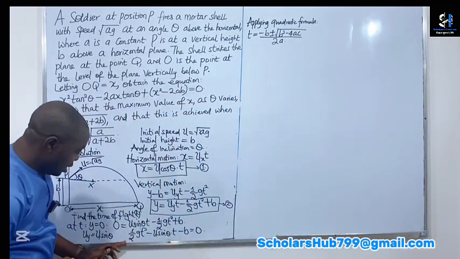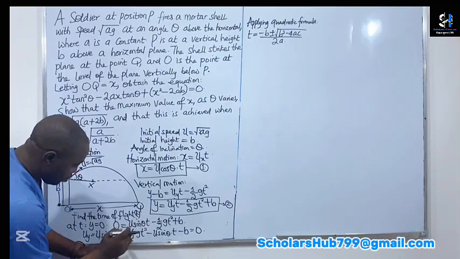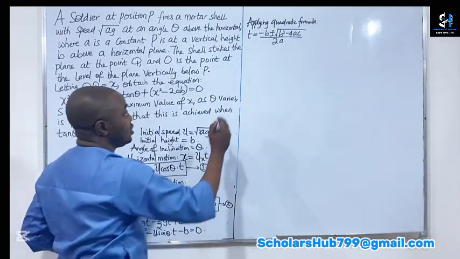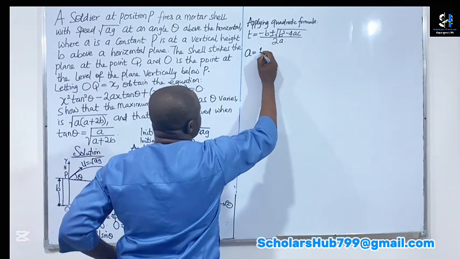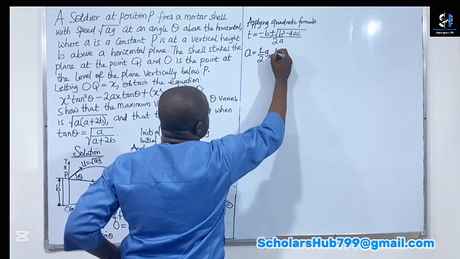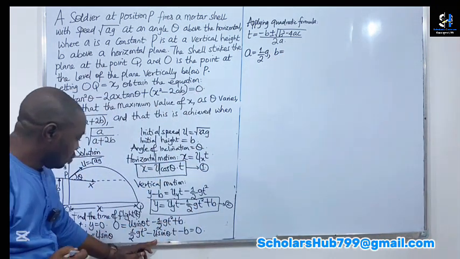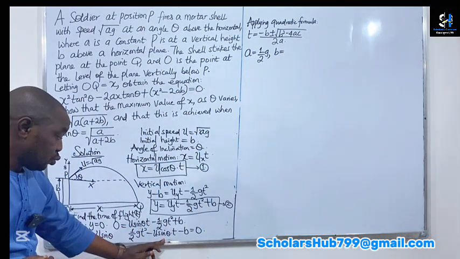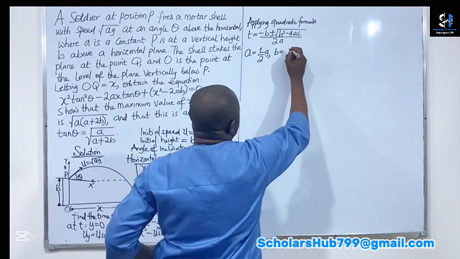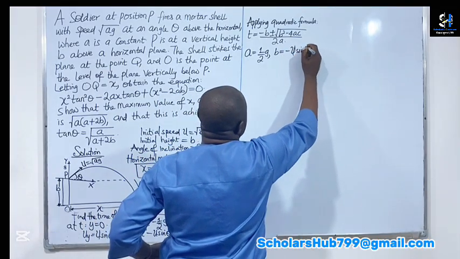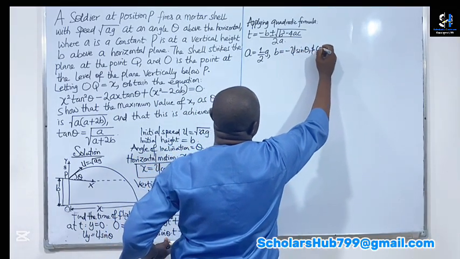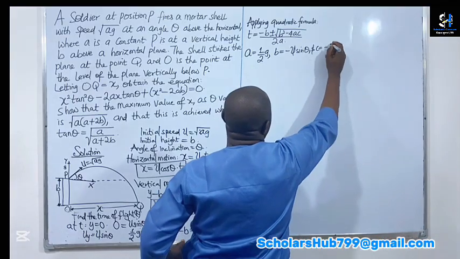So from here, a will be equal to 1/2 of g, b is equal to minus u sine theta, and then c equals negative b.